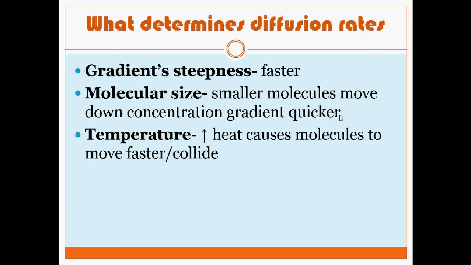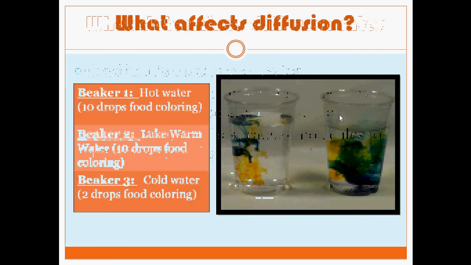We are going to do a kind of mini lab in class on Monday looking at these factors and how they will change how quickly or how slowly diffusion happens. And we're going to do something similar to this, not exactly, but I want you to think about this.